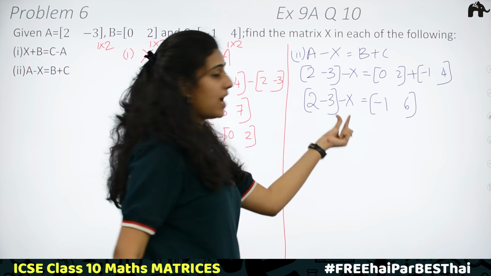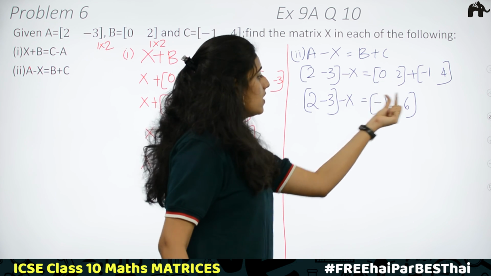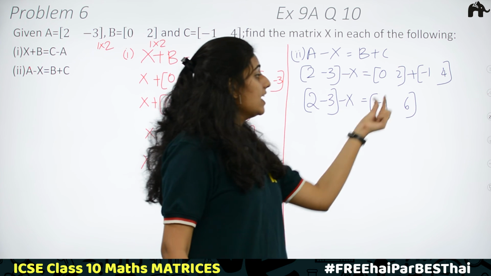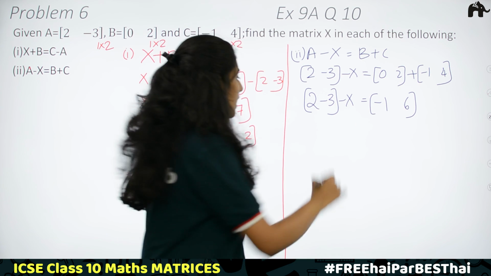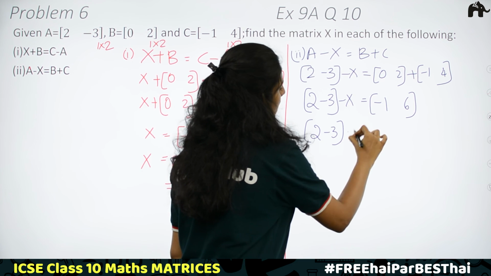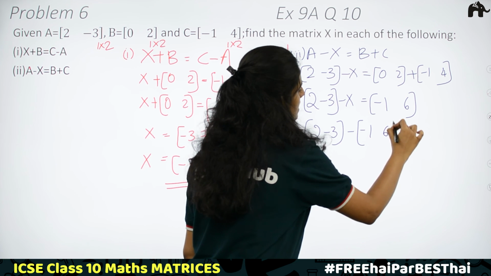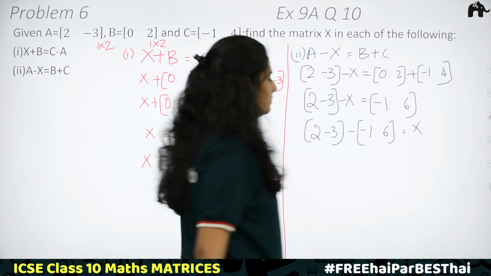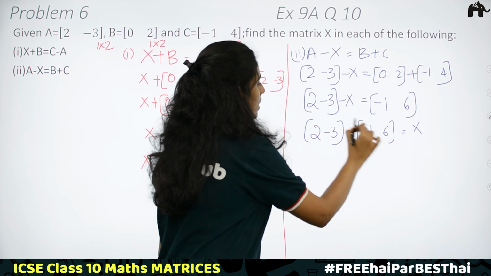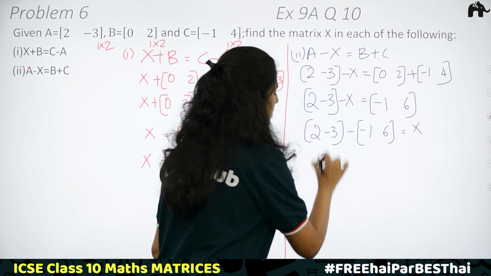Now we need to find minus X. For that I am taking this minus X to the opposite side. Okay, that is [2, minus 3] minus, here it is positive, it becomes negative, [minus 1, 6] is equal to X. Okay, 2 minus of minus 1, that is 2 plus 1, 3.